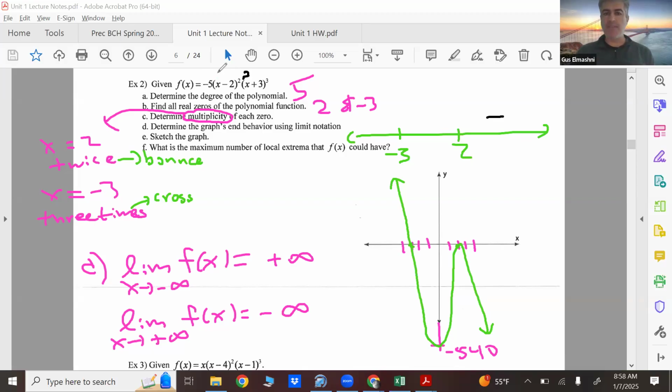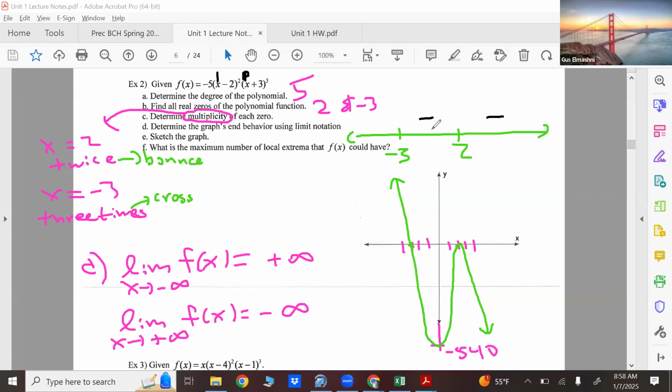So who cares if the inside's negative? You're squaring it. (1 plus 3) cubed, that's positive still. But you still have the -5. So there's no sign change, because where did that 2 come from? It came from an even exponent, right? Can even exponents ever produce changes in sign? Never. So all exponents being positive. Of course, if they're negative outside of it, fine.